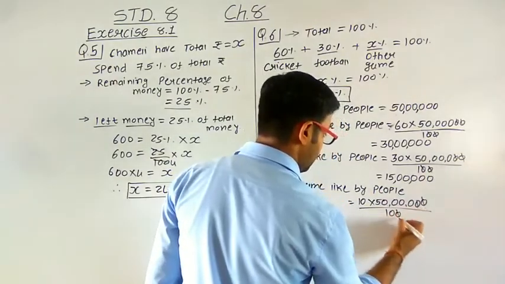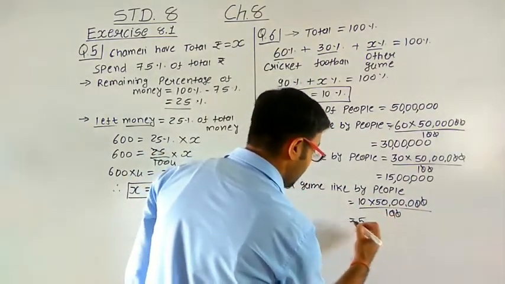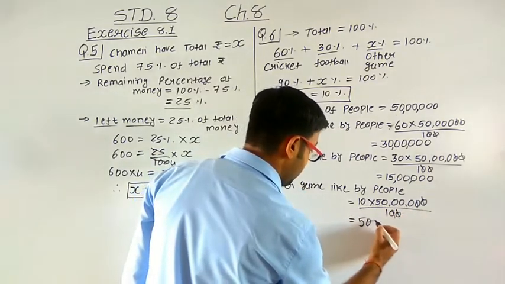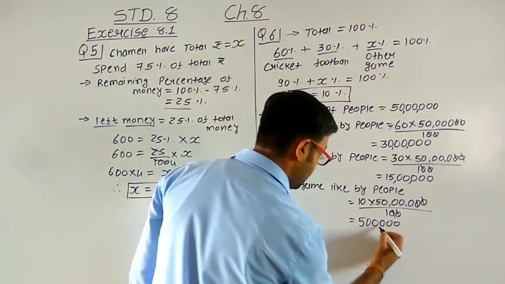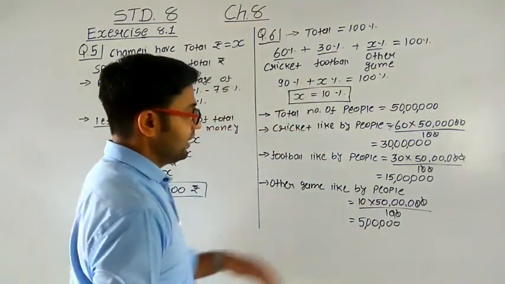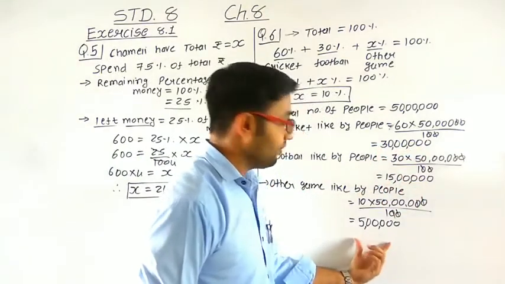Again, when we cut these two zeros, we get 5 ones are 5. How many zeros are there? 1, 2, 3, 4, 5. That is the figure we get: 5 lakh.